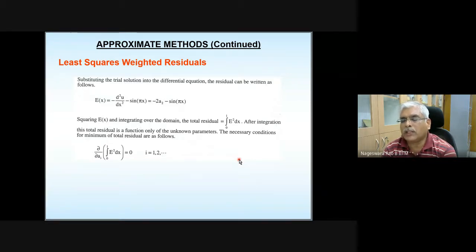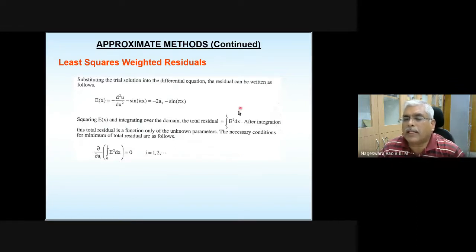You take the first derivative of f with respect to x, equate it to 0, solve that equation, and try to find the roots of x. One of the roots may give you the minimum solution, or both roots may give you the minimum solution. So that is the procedure.